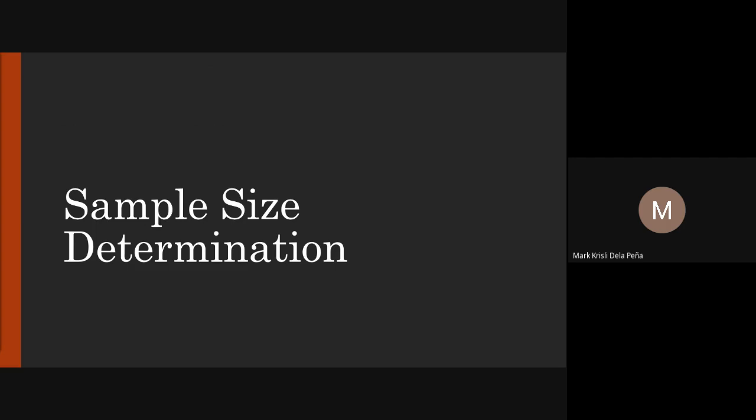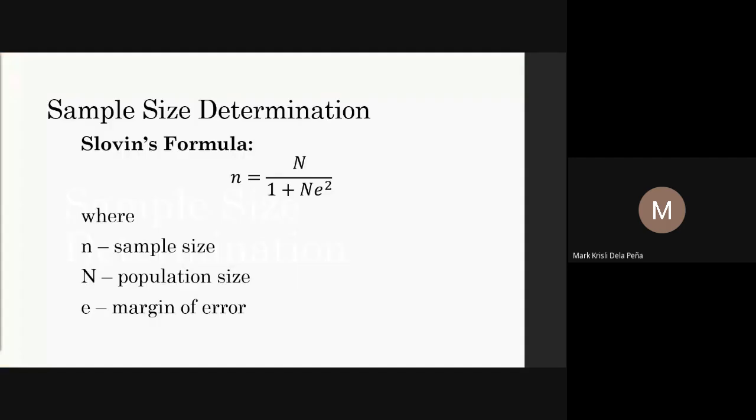There are several methods in determining the sample size. Some methods would use confidence level and other formulas. But for this video, I will only be presenting a very simple formula which we call Slovin's formula. In Slovin's formula, we only need the population of our study and the margin of error.